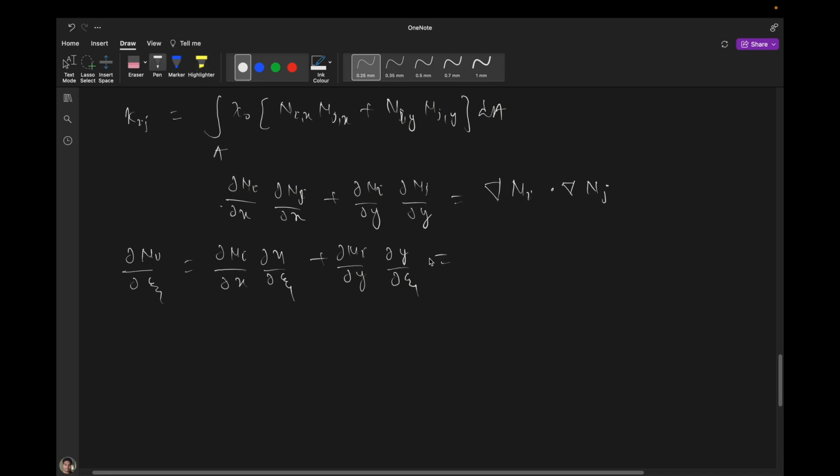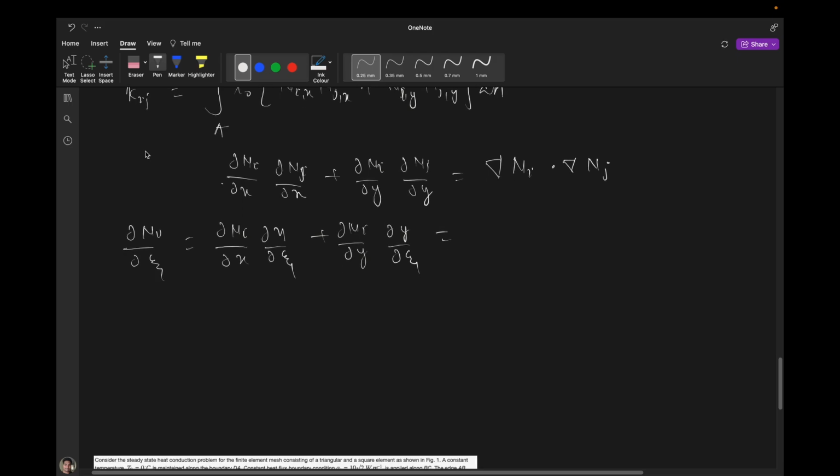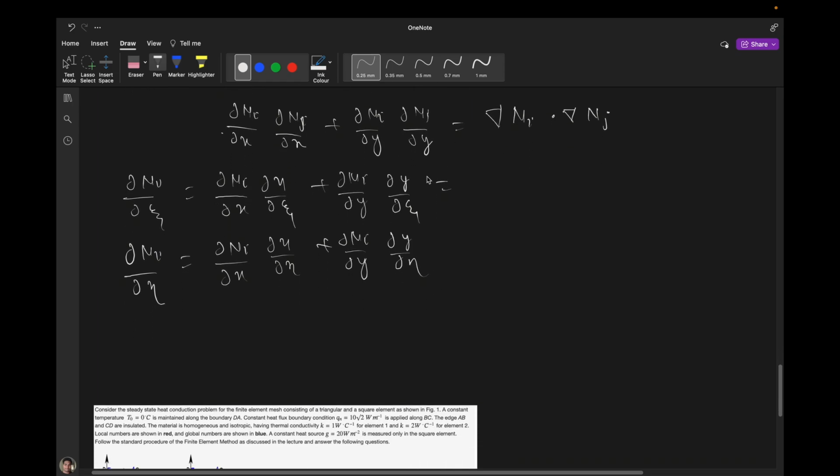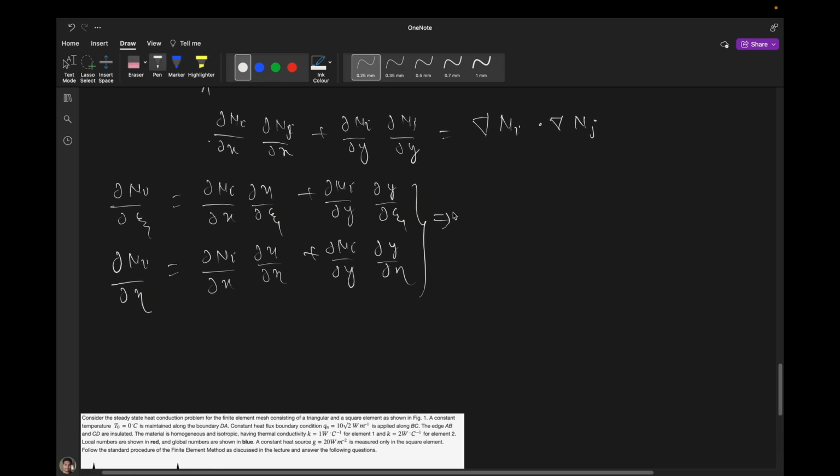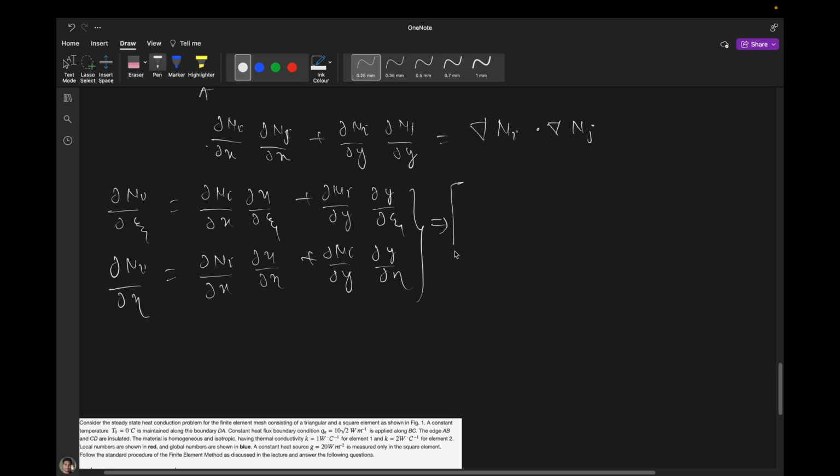Okay, and similarly del n_i by del eta, I have to write del n_i by del x times del x by del eta plus del n_i by del y times del y by del eta. Okay, and these two equations can be written in a matrix form.